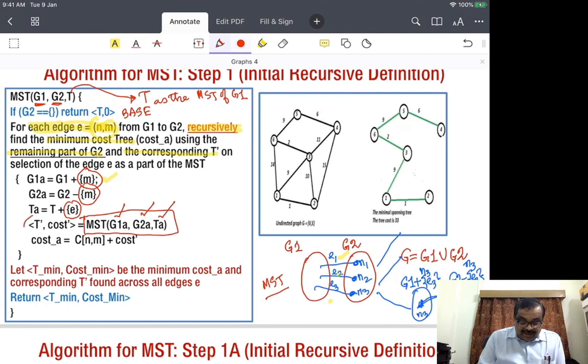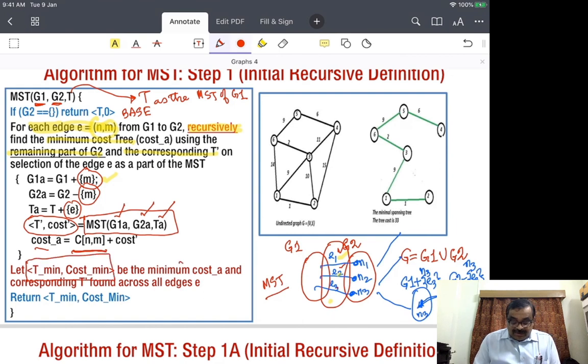And whatever we get back is a tree T dashed and a cost dashed. The tree T dashed is the minimum cost tree that we get back by including the tree that was already in G1, and we add this edge cost to the cost that is returned and form cost A. Now, among all these edges E1, E2, E3 that come out, among all the values that are returned, we choose the minimum.